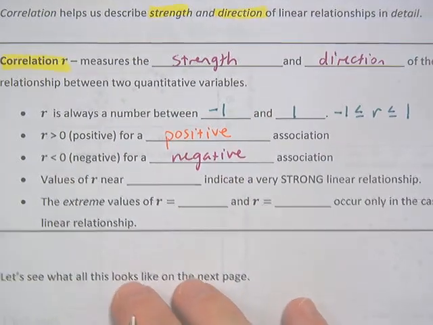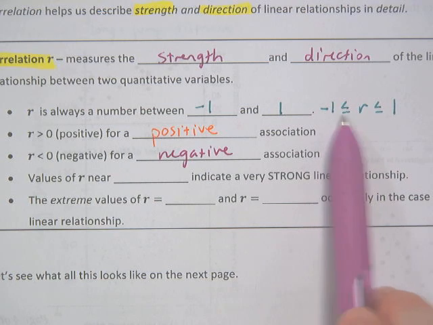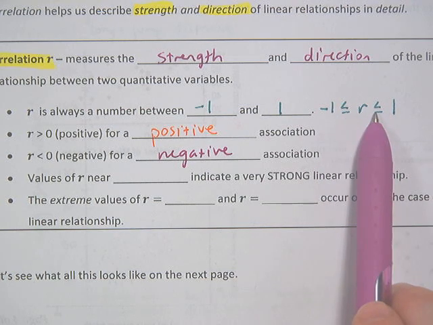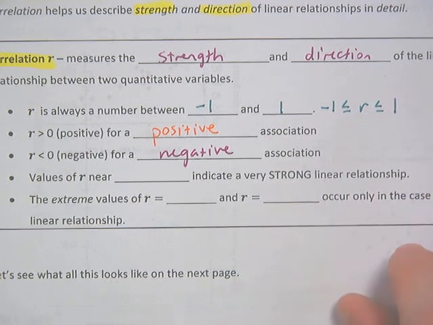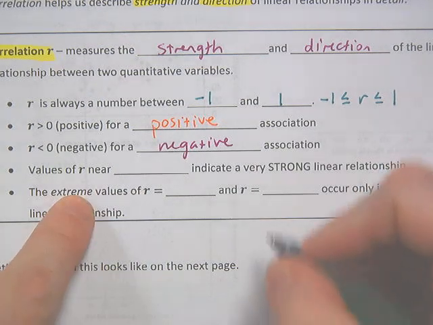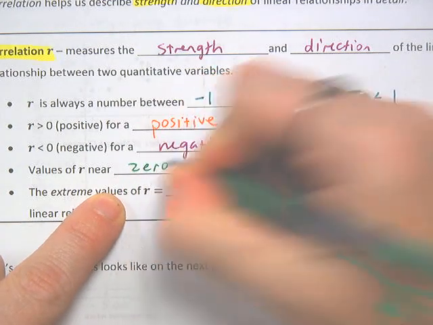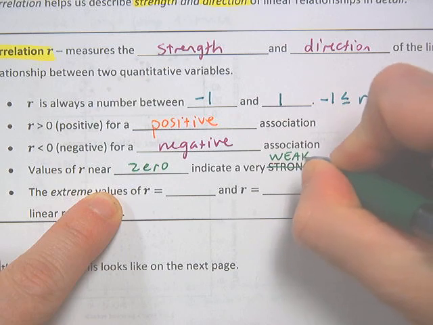So you'll have negative decimal values like -0.8, -0.2. I say decimal values again because we have to be sandwiched in between -1 and 1. There is no correlation of like 5. That's just not a thing. Okay, there's a huge typo coming up that I hope that you're paying attention for. Values of R near 0 indicate a very weak. Change that to weak.